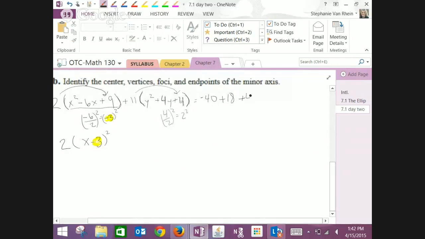So I have to add 44 to the right-hand side, and then I can write that as 11 times y plus 2 quantity squared. So that gives me 22: 44 minus 40 plus 18.